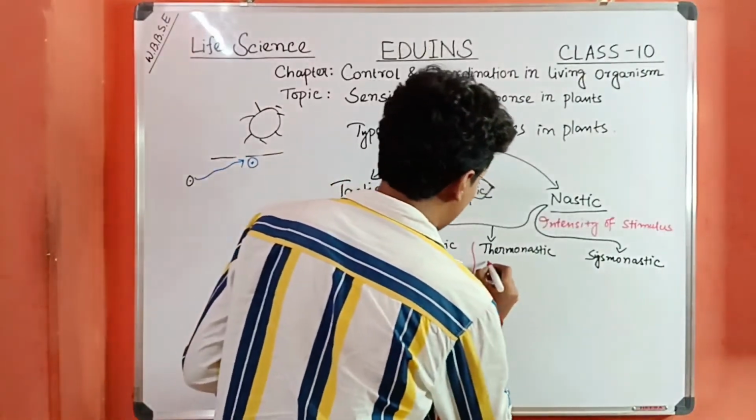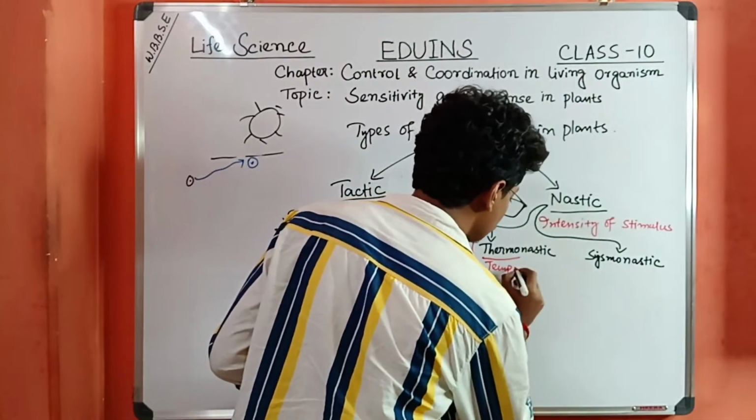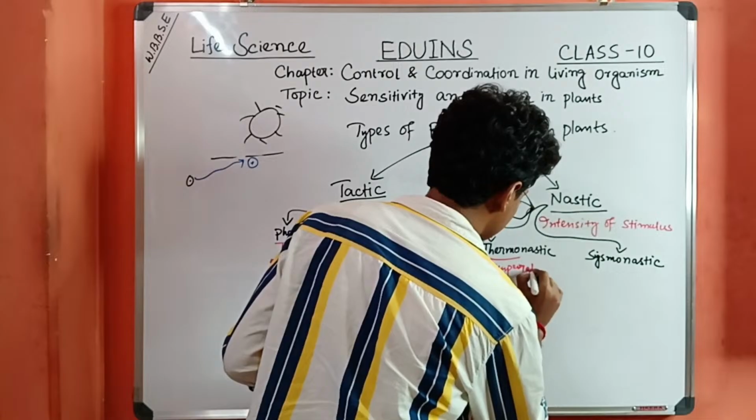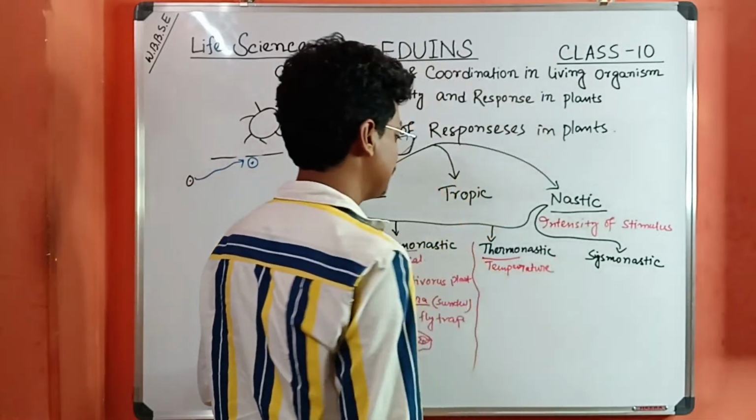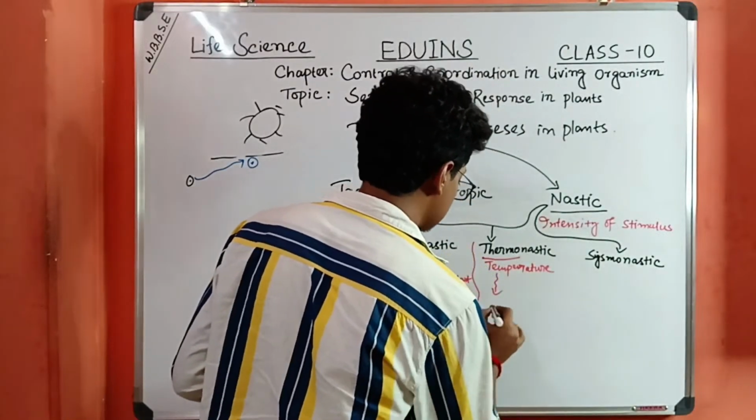Next one is the thermonastic, that is temperature. In response to temperature, one of the common examples is tulip.